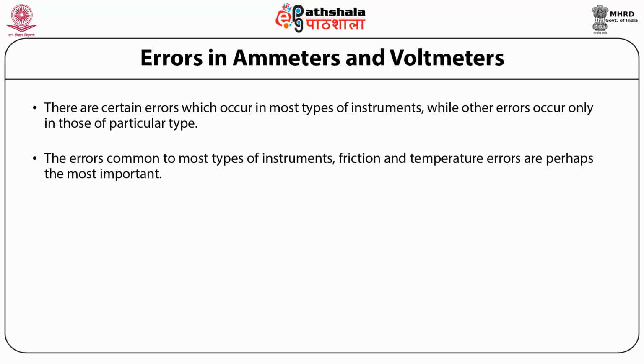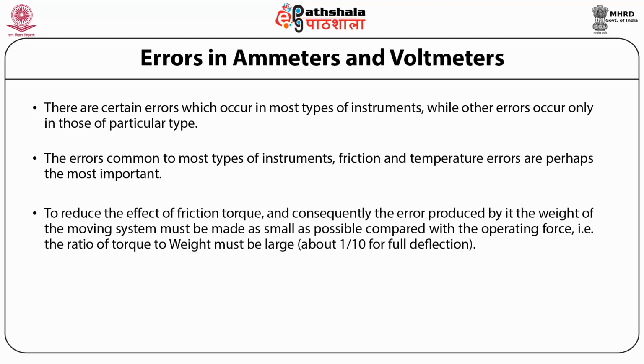Of the errors common to most types of instruments, friction and temperature errors are perhaps the most important. To reduce the effect of friction torque and consequently the error produced by it, the weight of the moving system must be made as small as possible compared with the operating force.